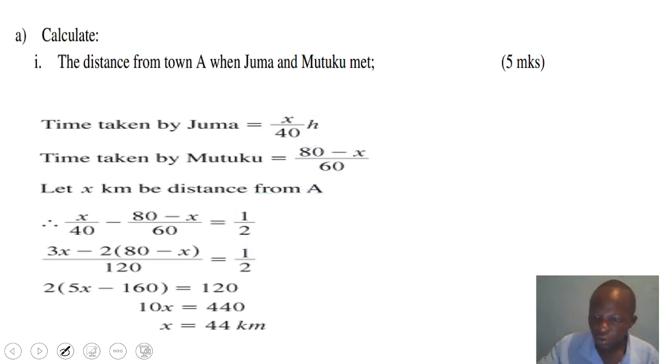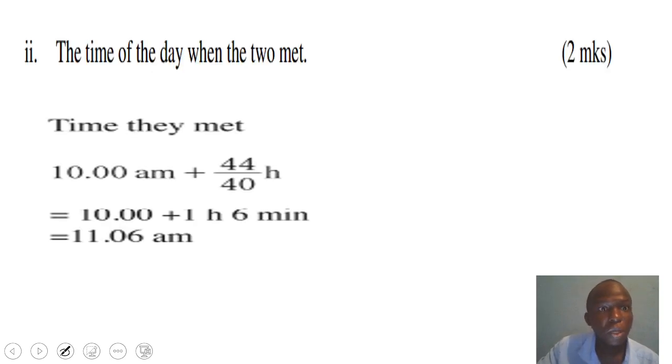So let us go to the next part of the problem. The time of the day when the two met. So let us go back to the diagram and see when did they meet.